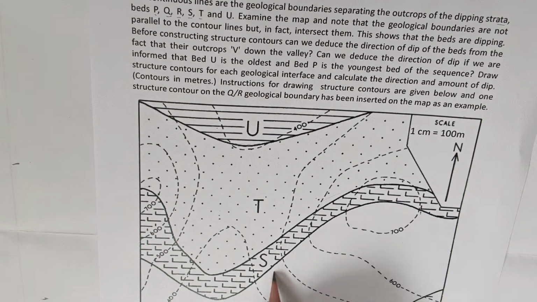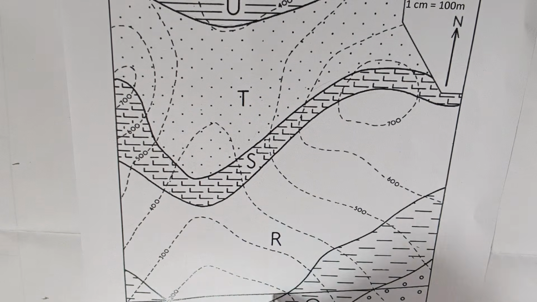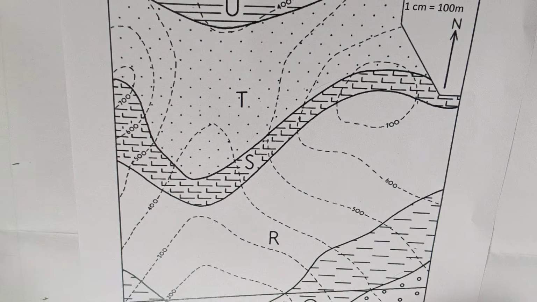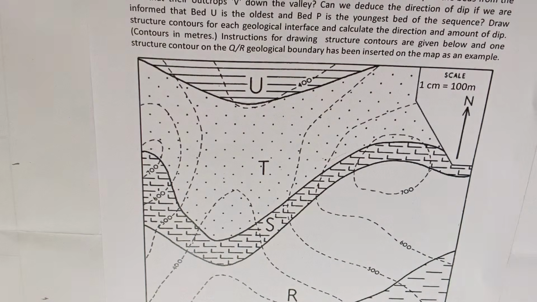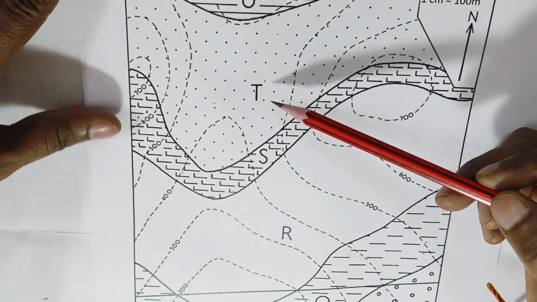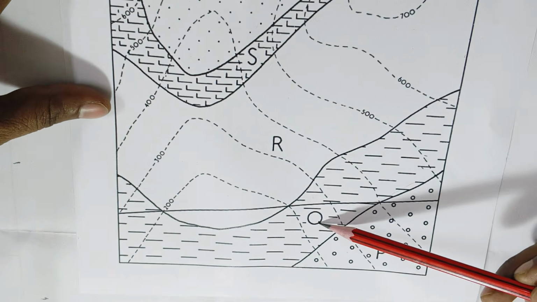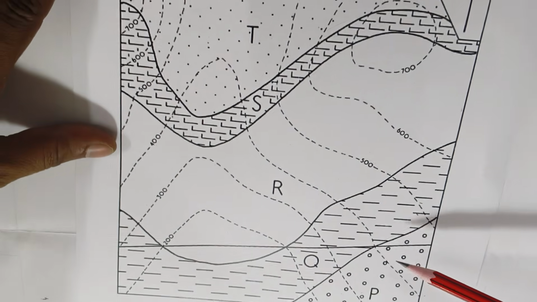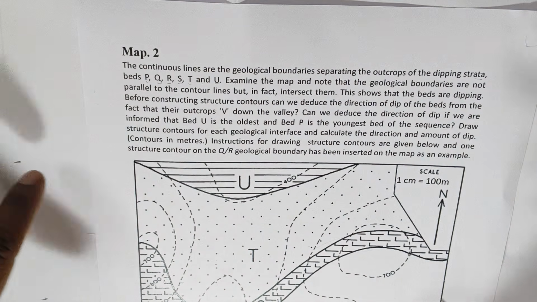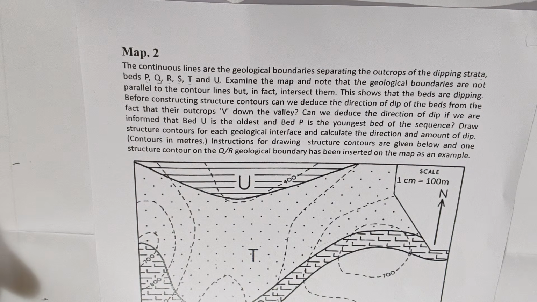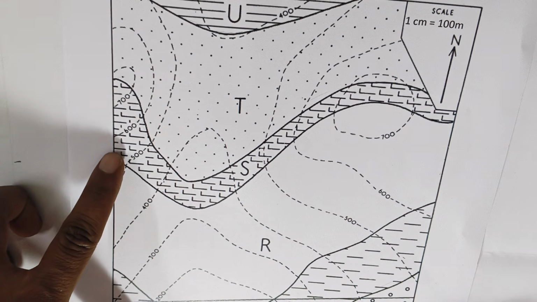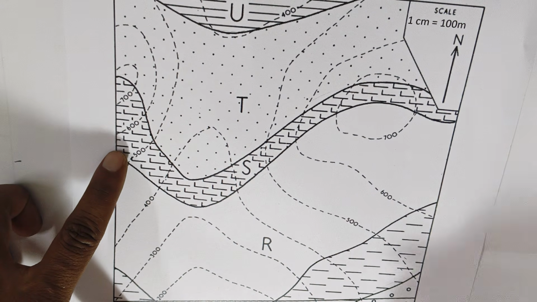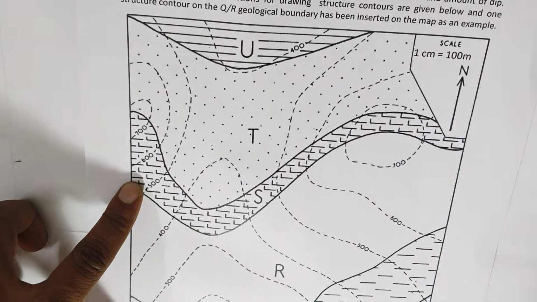Like that there are many continuous lines and these are called bedding planes, and these bedding planes are named U, T, S, R, Q and P, and the different beds are mentioned, like sandstone, conglomerate, shale, limestone, etc.